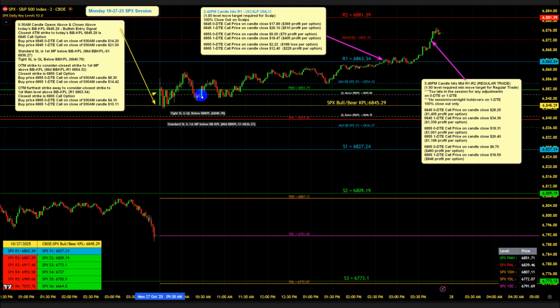Now, as you can see here, even though it stayed above the bull bear KPL and neither one of these stop losses was ever in jeopardy of getting hit throughout the session, we still did not get very good price action as far as any volatility. Here we mainly just had compressed action that was a lot of chop.